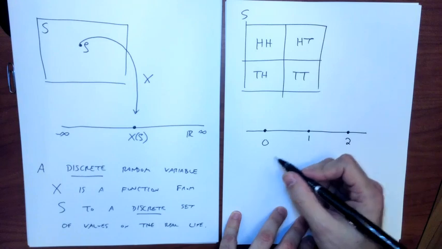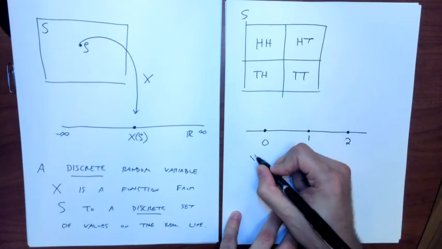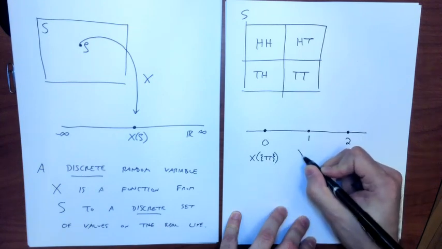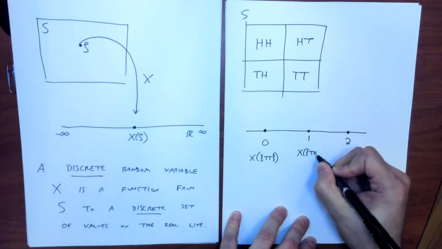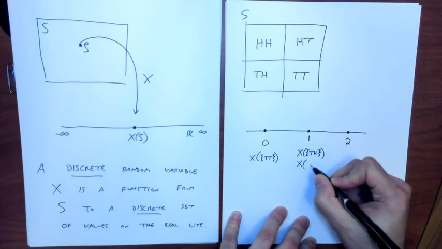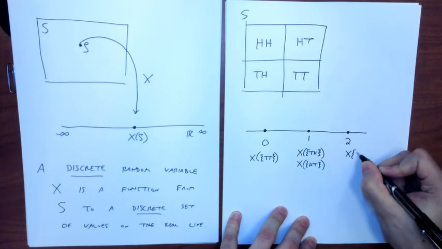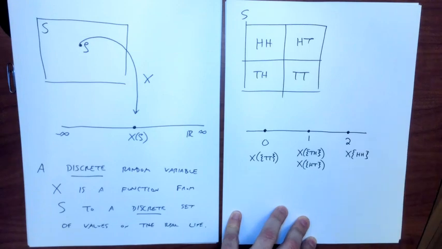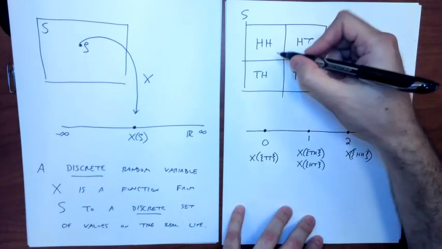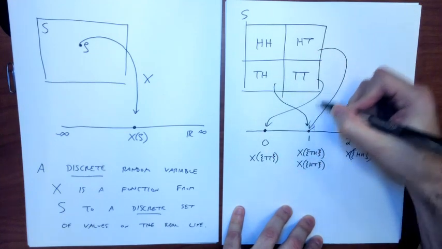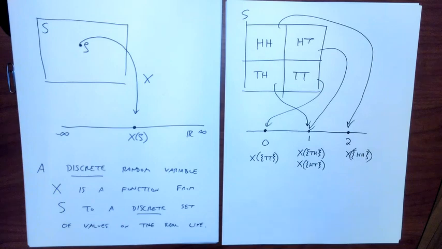So basically, this is the result of applying the function to tail, tail. This is the result of applying the function to either tail, head, or head, tail. And this is the result of going from head, head, right? So this guy is going to here, this guy is going to here, this guy is also going to here, this guy is going to there, right?